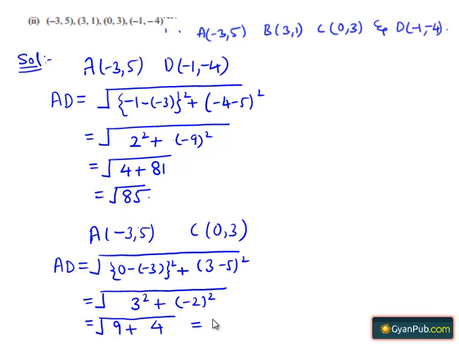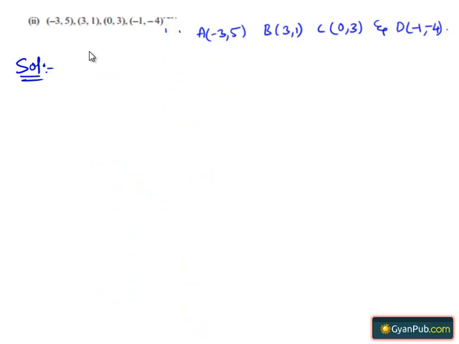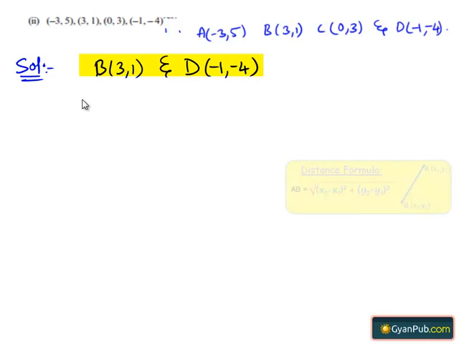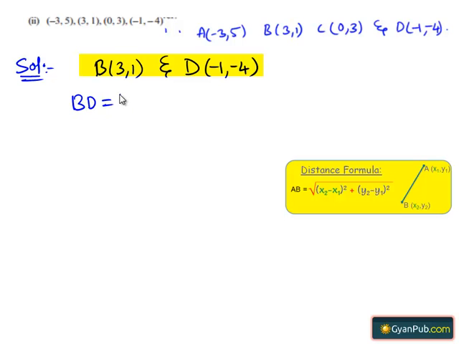Now let us take the points B (3, 1) and D (-1, -4). By applying the distance formula, we get length BD equals under root of (-1 minus 3) whole square plus (-4 minus 1) whole square.